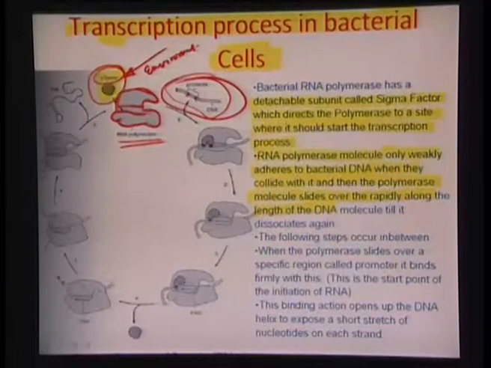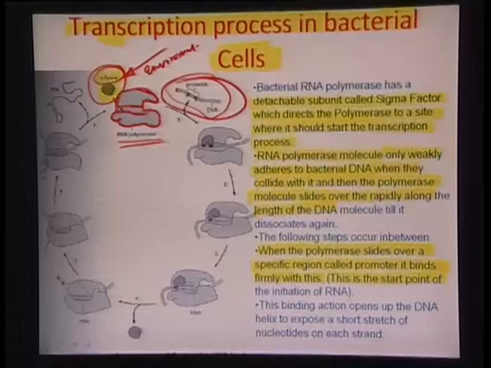Okay, and there it binds more firmly over this specific region because of the sigma factor. When the polymerase slides over the specific region called promoter, it binds firmly, and by binding we mean we are trying to cut the DNA chain open into two strands. It is removing the hydrogen bonds between the base pairs on the DNA and cutting it into two different strands. So this starts the initiation of the RNA transcription process, or the RNA coding process.